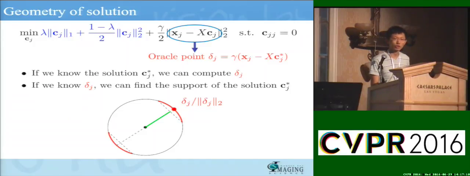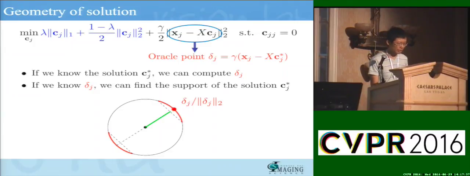And this is illustrated in the figure below, in which I show the oracle point and two red arcs. The red arcs are what we call the oracle region, in which if a data point in the dictionary lies in this oracle region, then it has non-zero coefficient, and otherwise it's going to have zero coefficient.